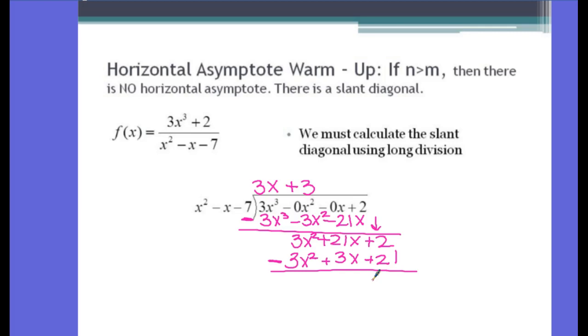So they zero out. And then you get 24 over x plus 23. Now, here's the thing. A slant asymptote is linear. All of this is a remainder. We're actually done. This right here, that 3x plus 3, represents the slant asymptote.